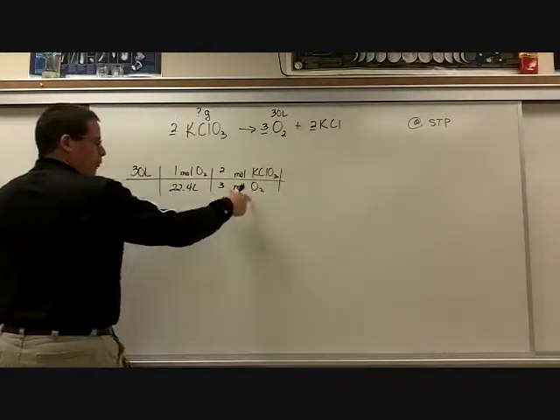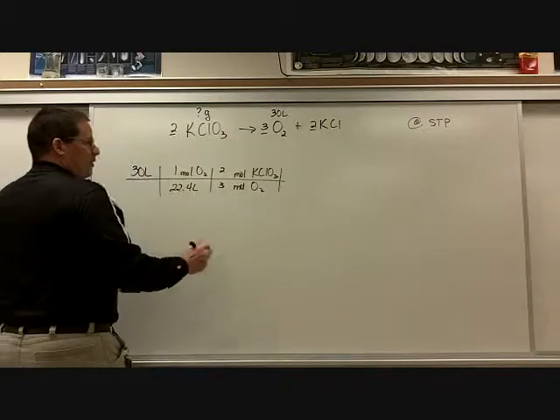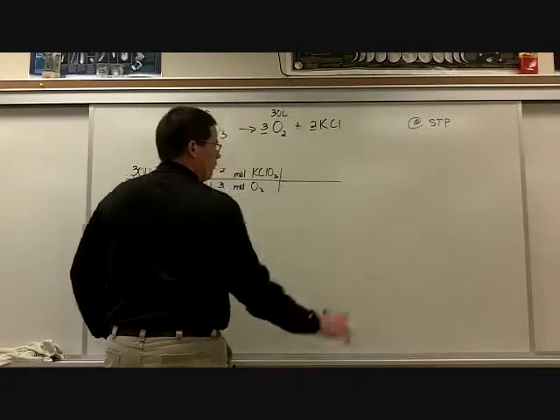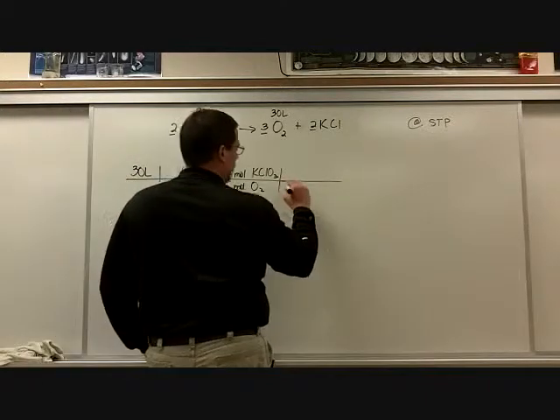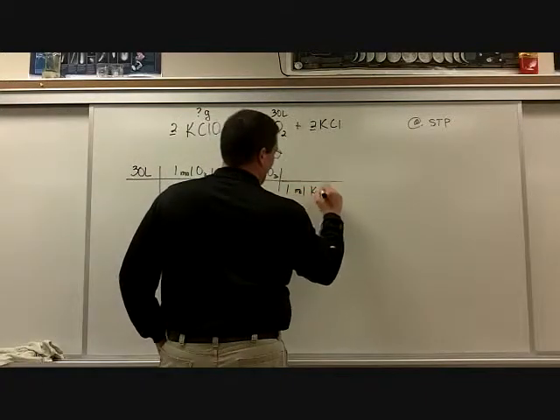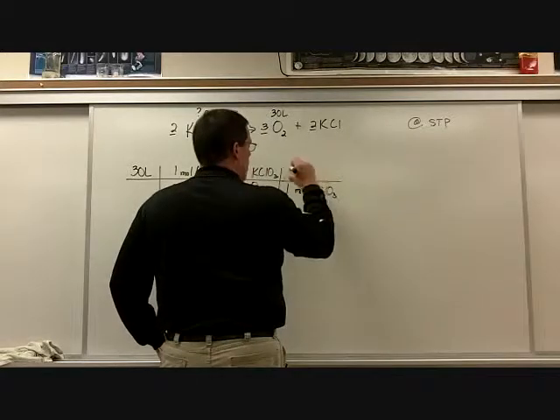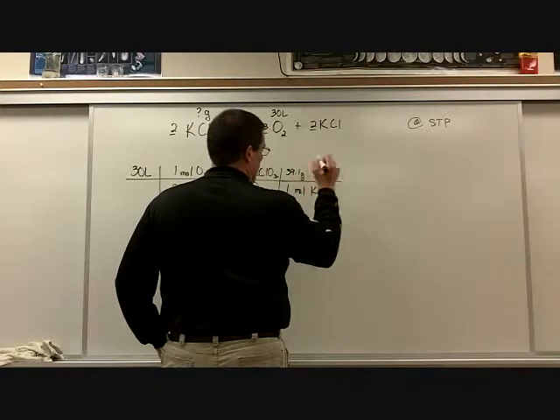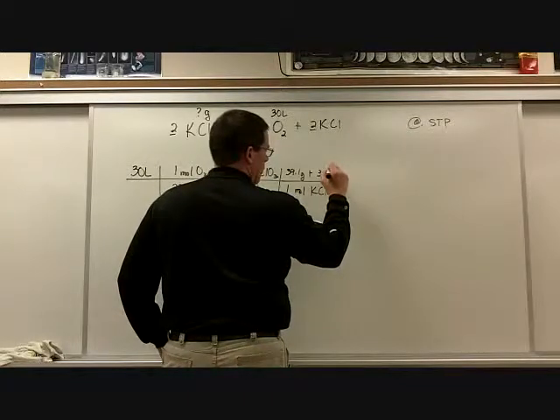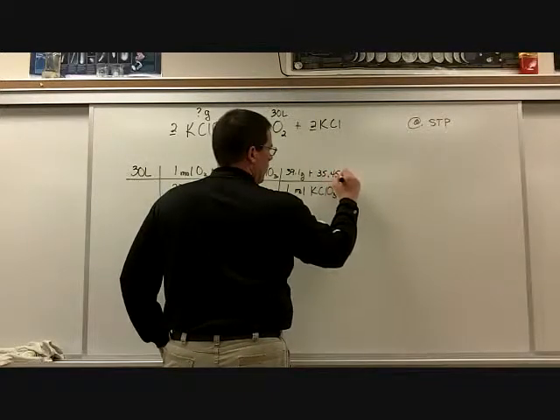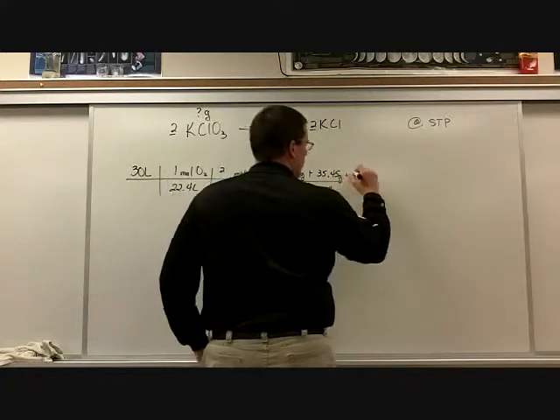So that's step 3, this is step 2. Step 1, write out the equation. What do we need to change this to? Grams, good. So potassium 39.1 plus chlorine 35 and oxygen, 122.55, all together, correct?